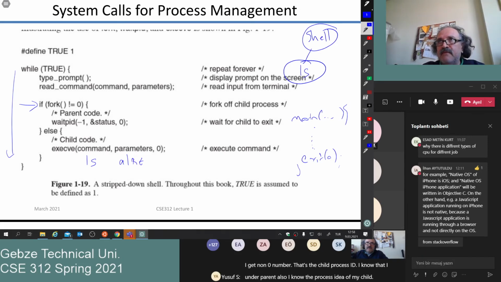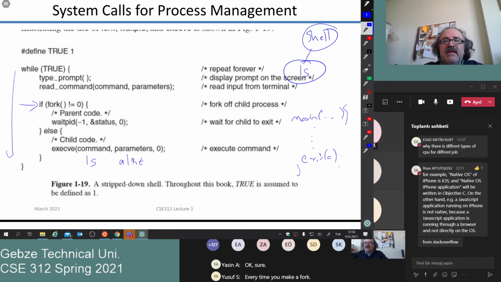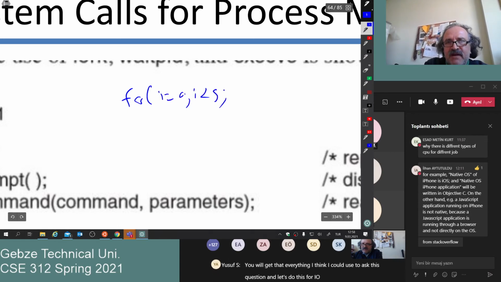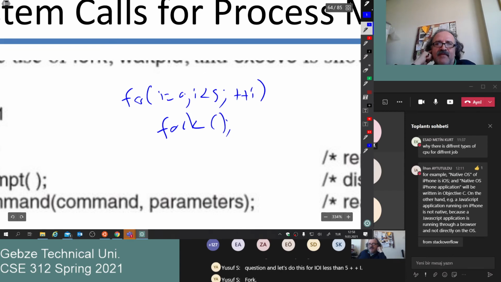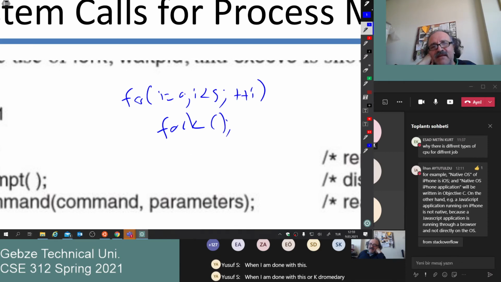Okay, sir. Every time you make a fork, you get a new thing. I think Erkan Hoca used to ask this question. Let's do this. For i = 0, i less than 5, plus i, fork. When I am done with this, draw me the process tree.